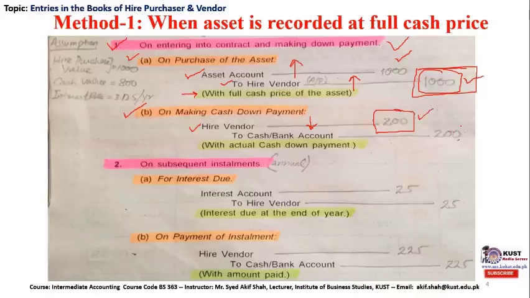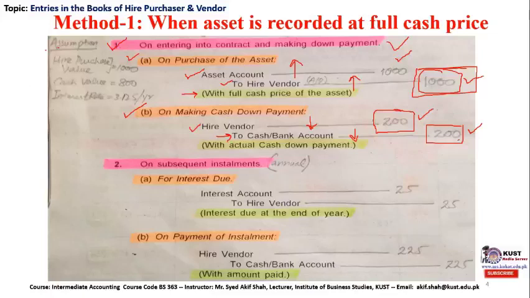There is a credit entry in the books of account of the hire purchaser with the title of either cash account or bank account. And when there is a decrease in the asset account of the hire purchaser, he will record this entry as a credit entry. The short narration explains the actual cash down payment.